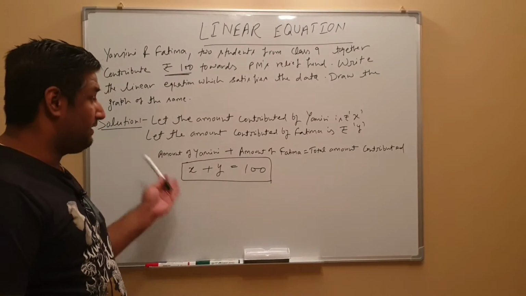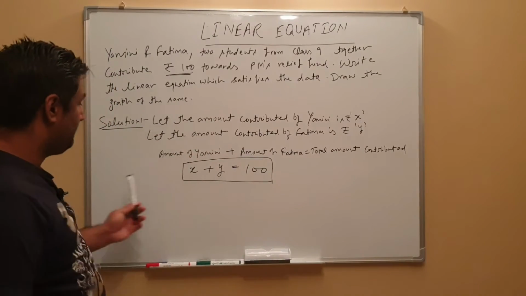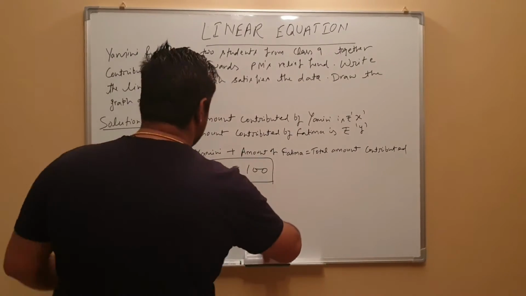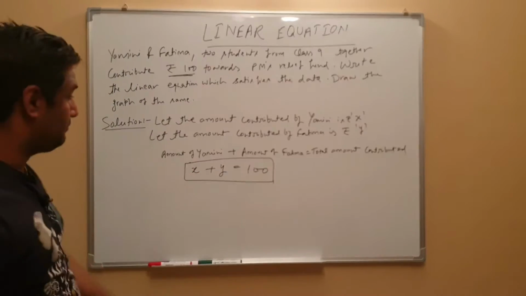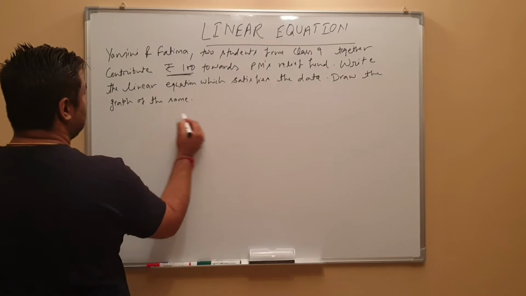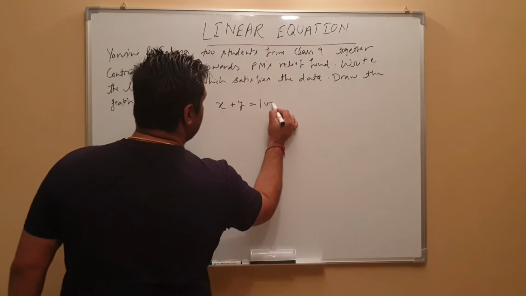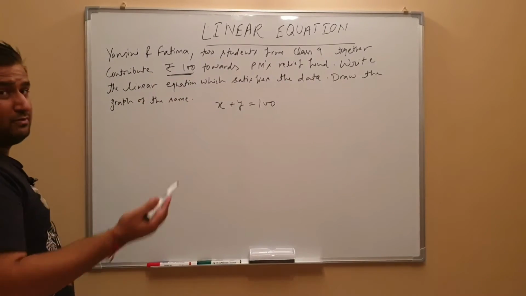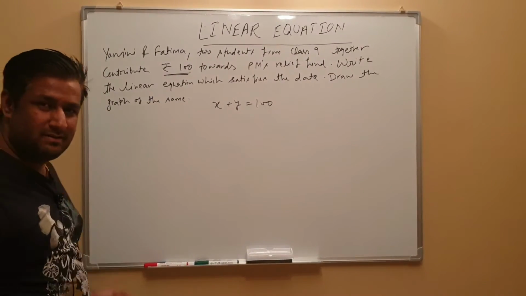Now for this particular equation we have to make a graph also. Okay, so how do we make it? So till here it is clear, right? So the final equation which we got is X plus Y equals to 100. So now, as I told you, the easier method is the intercept method.